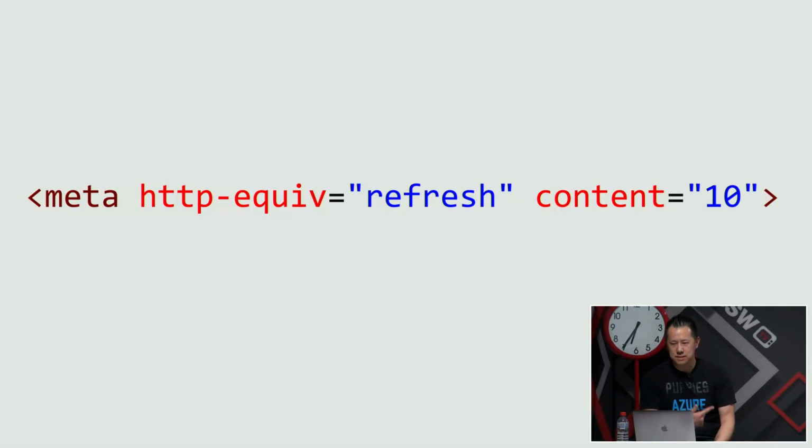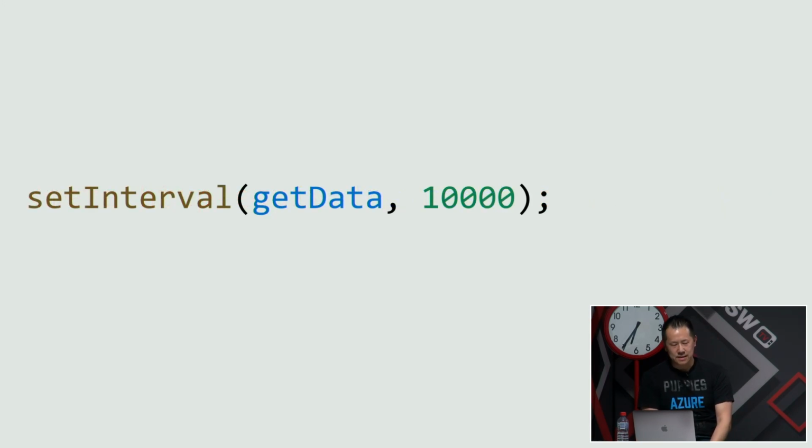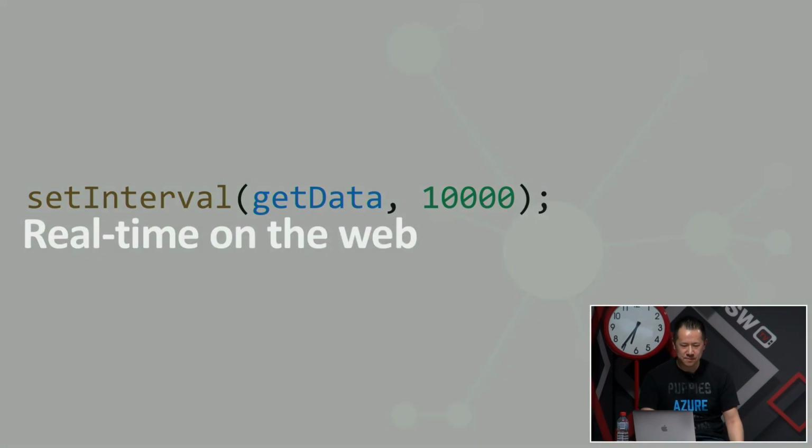Who remembers this? You can have a meta tag that refreshes the page for you. And then even better, we now have AJAX, so you can do this with JavaScript, getting data. That's not really real time because you're polling. When something happens within the 10-second interval, you won't know until you poll again.